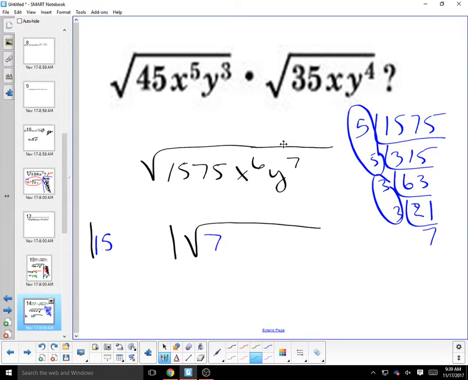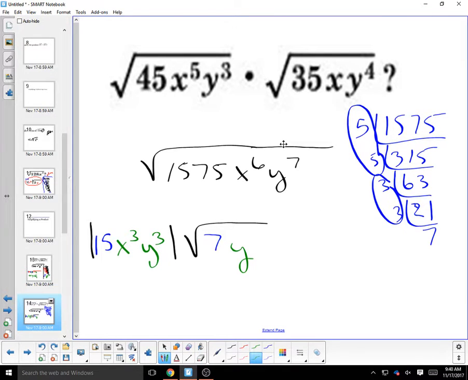Let's go for the variables. X to the 6th divided by 2, any remainders? Nope. Y to the 7th divided by 2 is 3, but with a remainder of 1. Now let's clean this up.